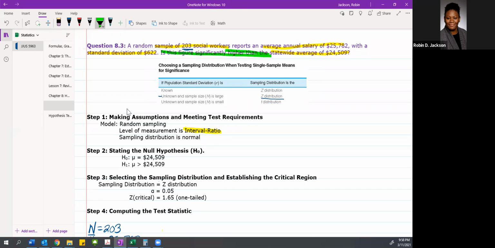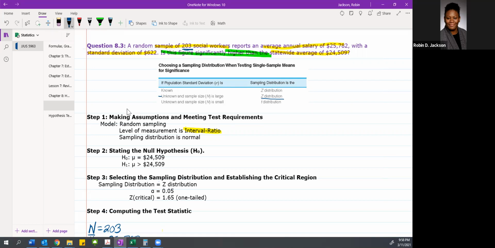So they want to know, is this random sample of social workers' salary higher than the statewide average? That tells us we've got a direction going on. Just by saying higher, that's letting us know that we're dealing with greater than. Okay, so we're dealing with greater than. All right, and here we go right here. You can see where it has the greater than sign.